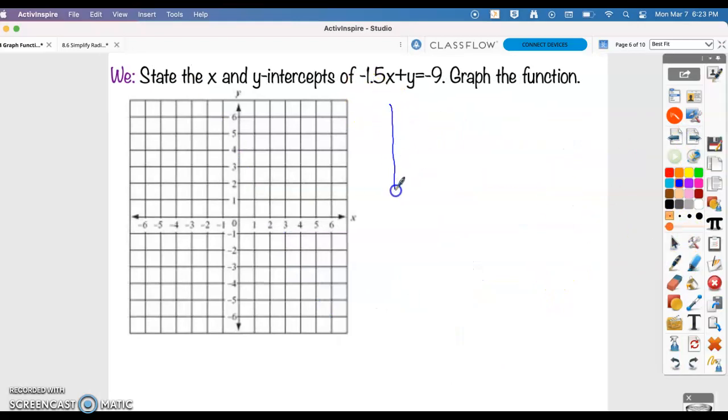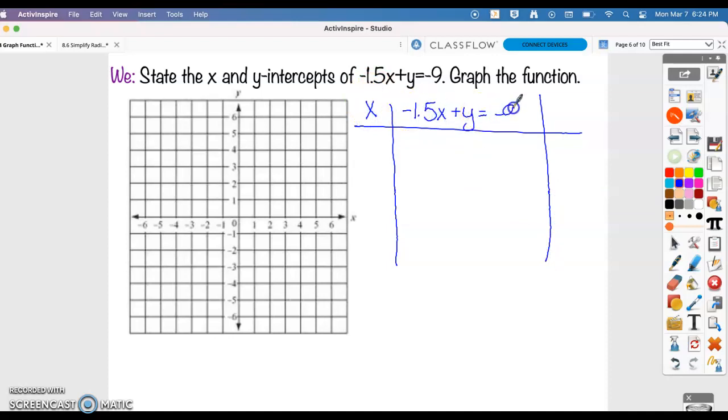So again, make my little table. This time I'm going to put it all on the same table so you guys can see. I've got my x, my equation, and then our y. I'm going to start first by plugging in a 0 for x. Negative 1.5 times 0 plus y equals negative 9.